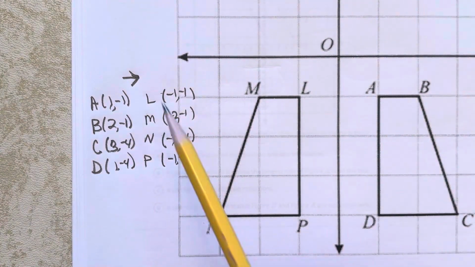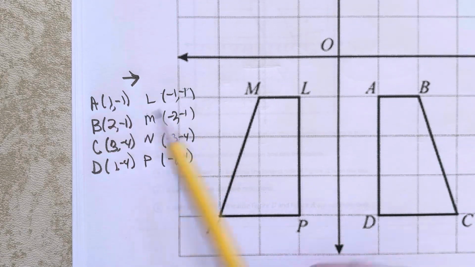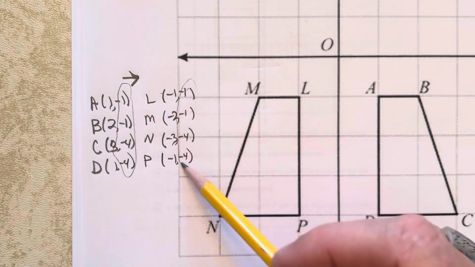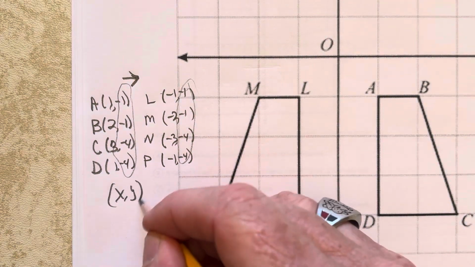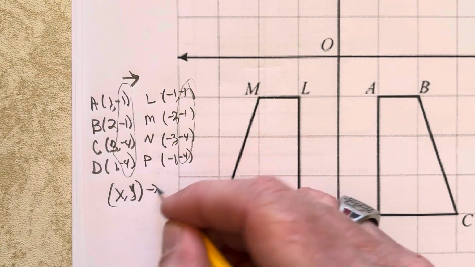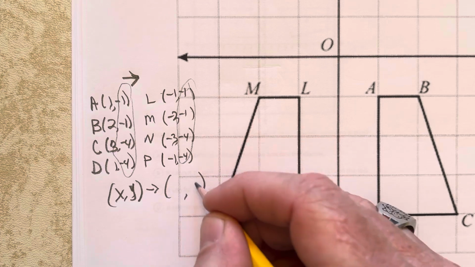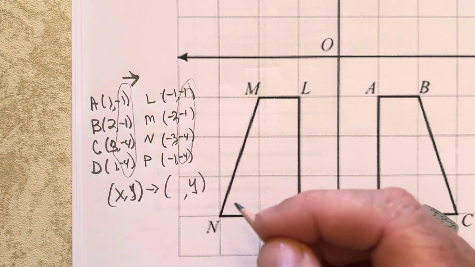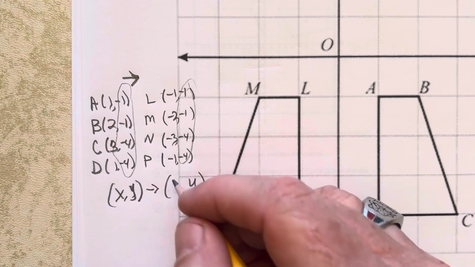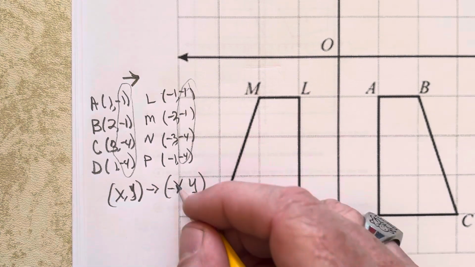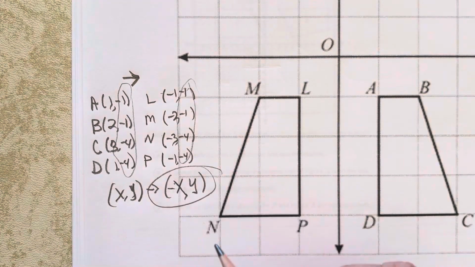If you'll notice in the movement, the only thing that took place was that all of my y's stayed exactly the same. When I started with x, y and moved, all of my y's did not change. But my x's all went to the opposite of what they were before. So that is the rule that has been applied.